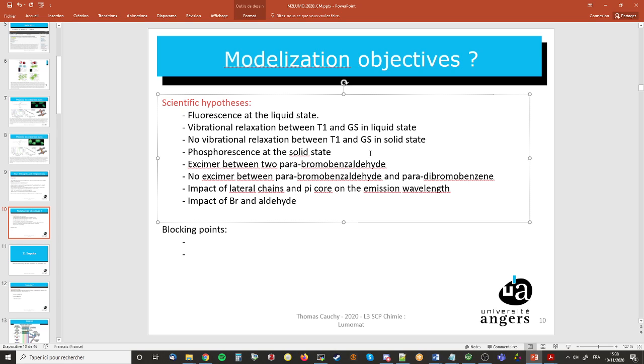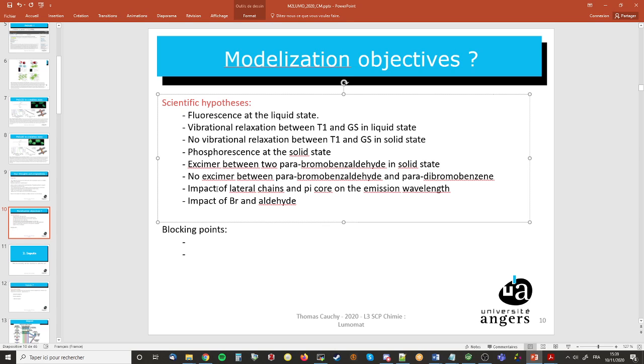Since you have phosphorescence in the solid state, that means the emission state is different. You have an excimer between two para-bromobenzaldehyde in the solid state, and you have no excimer between a para-bromobenzaldehyde and a para-dibromobenzene.